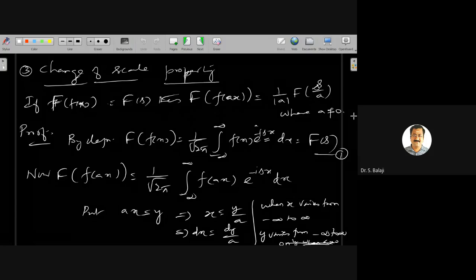F of x means s, and f of ax means s by a. You are changing the scale from x to ax, multiplying by a. Here a is not equal to 0, so a may be negative or positive.